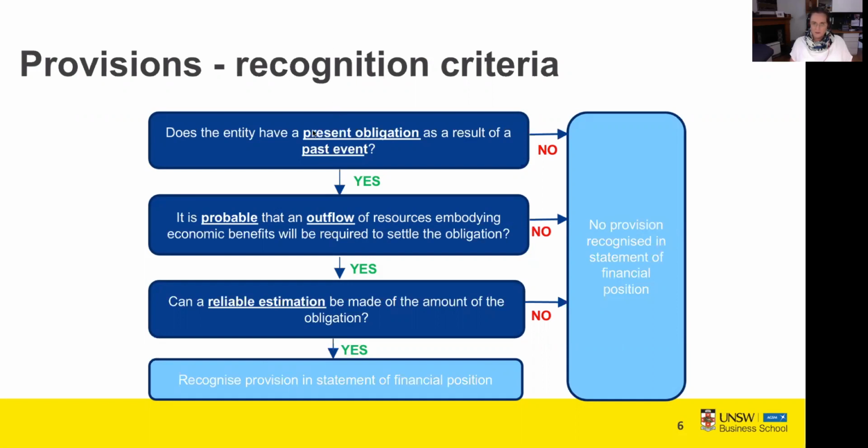Okay, so if we look here, if we do not have a present obligation, but rather we have a possible obligation, it results in a contingent liability. If it is not probable, then it could be a contingent liability. And if we cannot reliably estimate, then it could be a contingent liability.